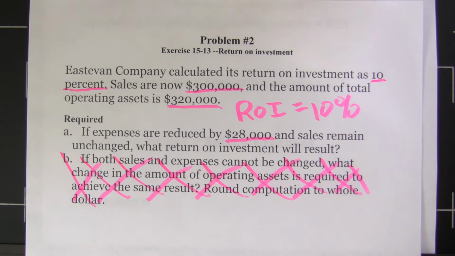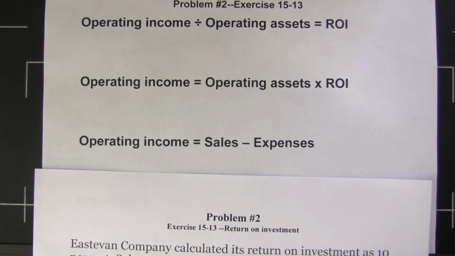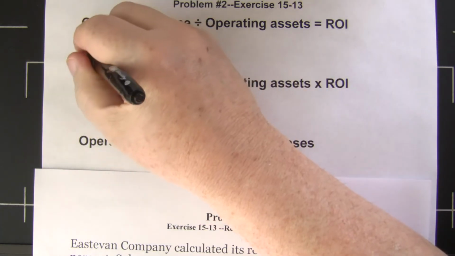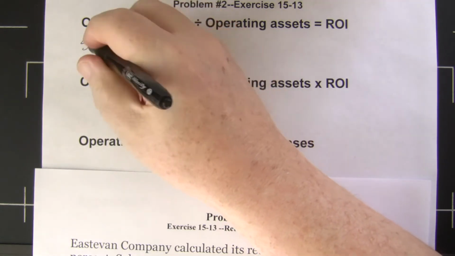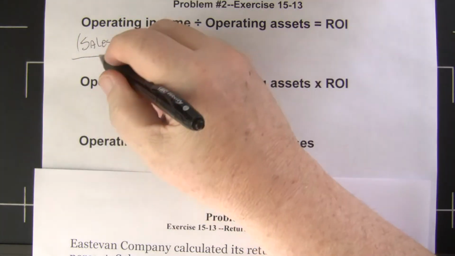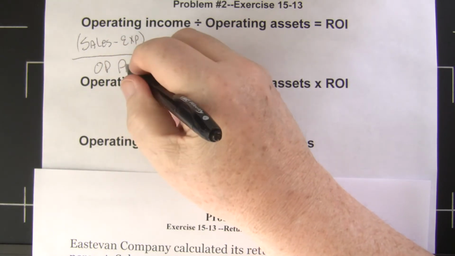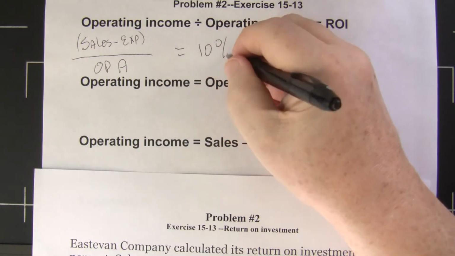Well, before we can reduce our expenses by $28,000, we have to figure out what they are now. We just have to take some steps. Remember, operating income is sales minus expense, divided by operating assets, is 10%.